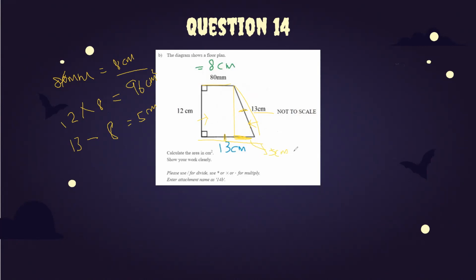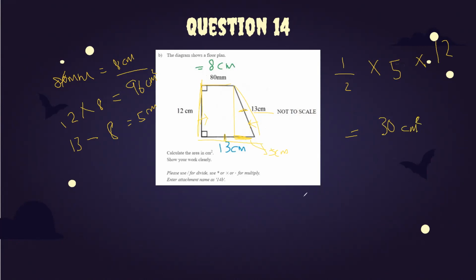When you know this part is 5 cm, we use the formula for the area of a triangle. So 1/2 times the base and times the height. Height is here. So equals 30 cm square.